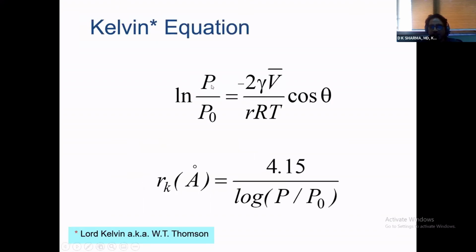The Kelvin equation gives a relationship between pressure and where is R? Here. Pressure and radius. This will give you the radius of the pore which is filling at P. Add to that the thickness of the adsorbed layer which was already there before the pore starts filling.